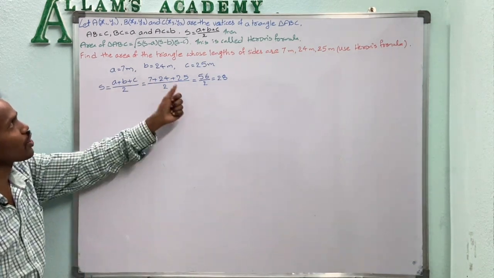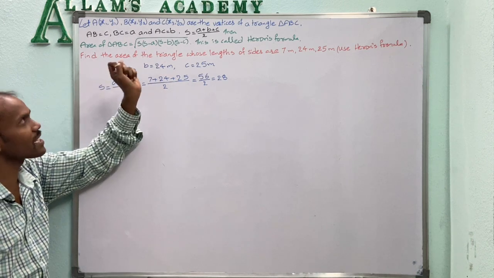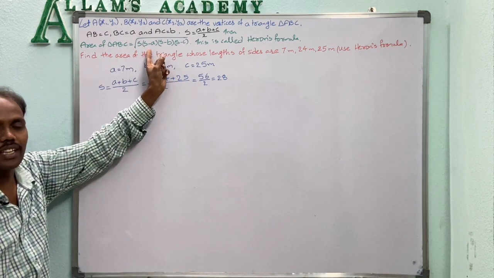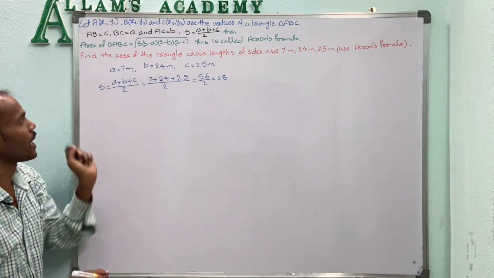Now by Heron's formula the area of the triangle is under root S into (S minus a) into (S minus b) into (S minus c).